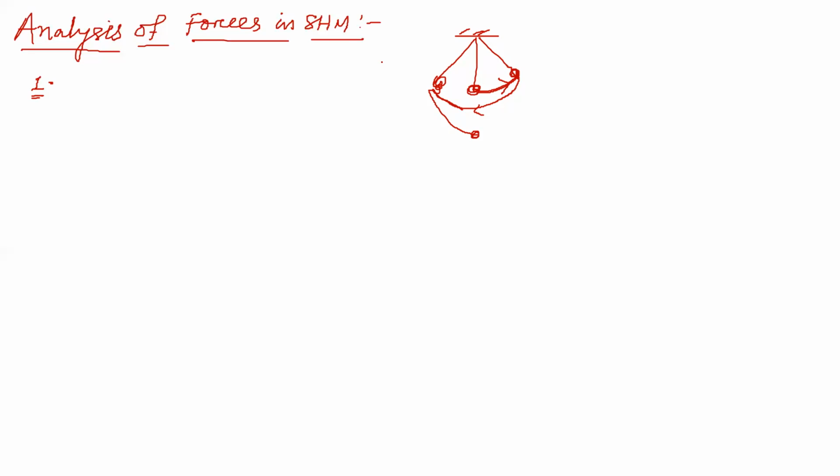We have to analyze the force on the particle and try to show that the magnitude of the net force is always proportional to the displacement. Yes or no? If I give more force, then the displacement will be more. If I give less force, then the displacement will be less. So how much will be the displacement? That depends on the applied force. So one point is very important: the magnitude of the net force should be proportional to the displacement x.